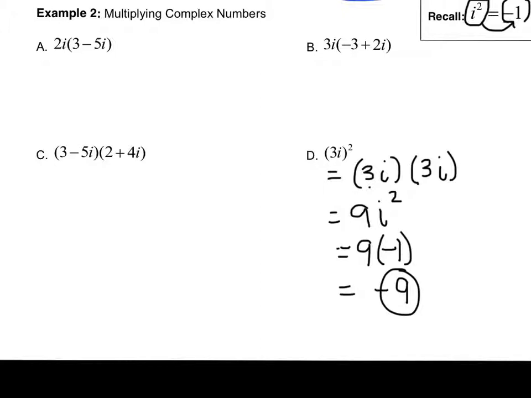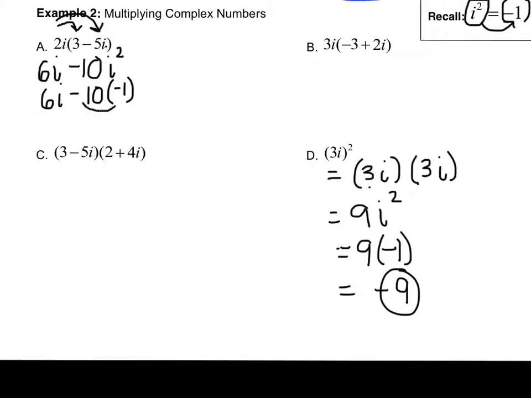Now let's try A. We'll do 2i times 3 and 2i times -5i. So first we'll get 6i. 2 times -5 is -10, and i times i is i squared. I'll recopy the 6i, recopy the -10, and for the i squared, I'm going to replace it with -1 in parentheses.